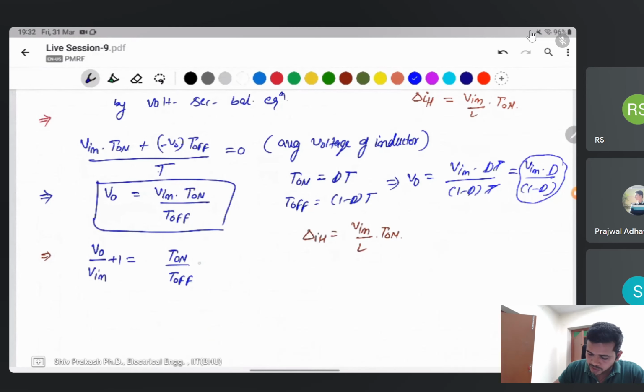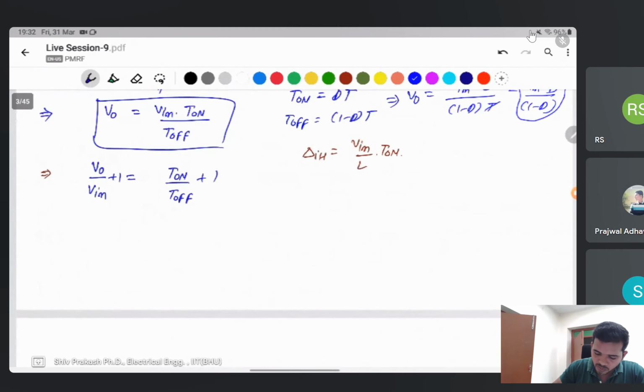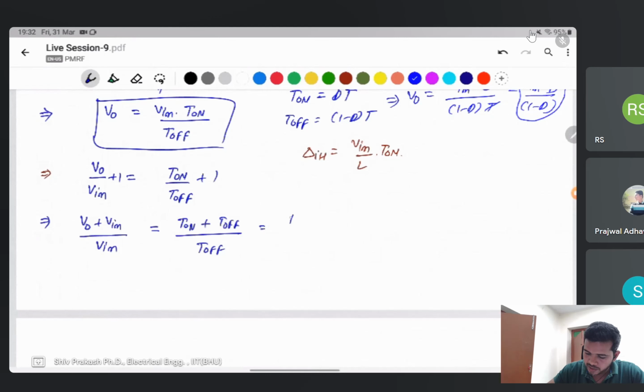If you add 1 to both sides, then you find V output plus V in divided by V in, and T on plus T off divided by T off. This will be T divided by T off.